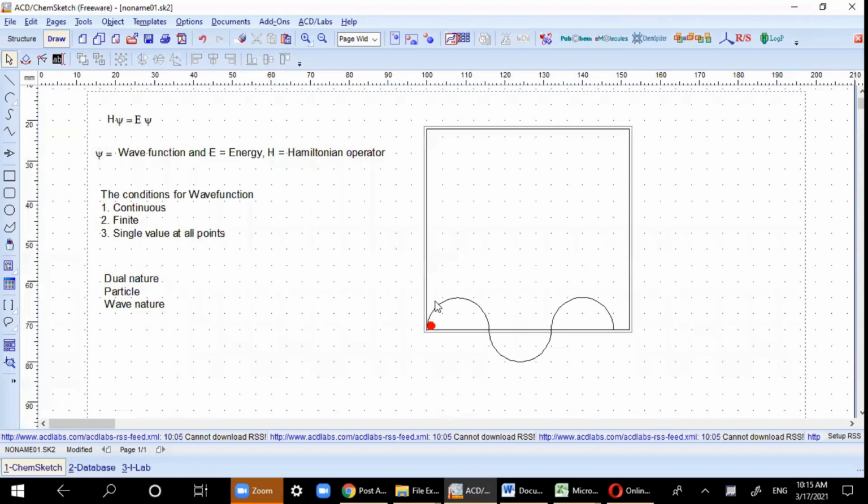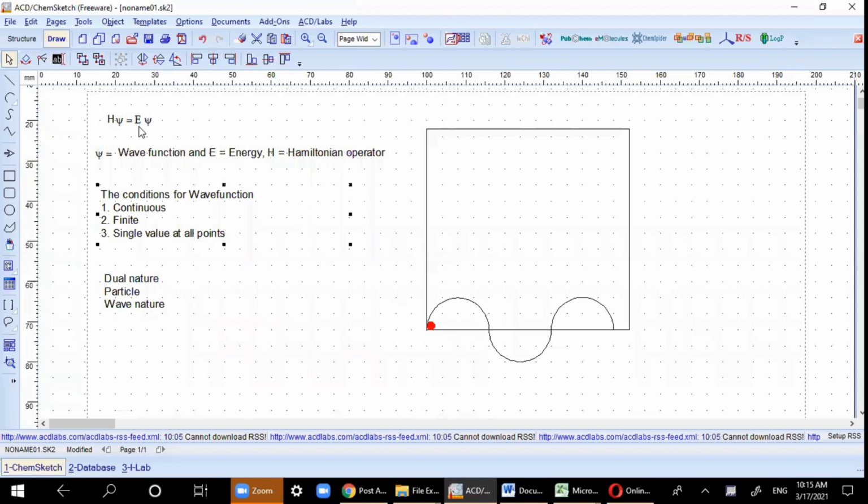Now let us assume this is an electron, it has wave nature. While deriving the solution for the wave function, we are considering the wave nature. If you want to derive the energy, we will assume this electron has particle nature. Without consideration of this dual nature, you cannot derive the solution for the Schrodinger wave equation.